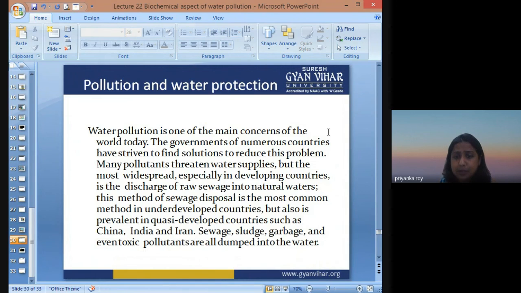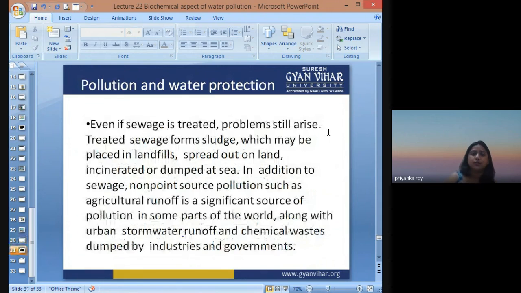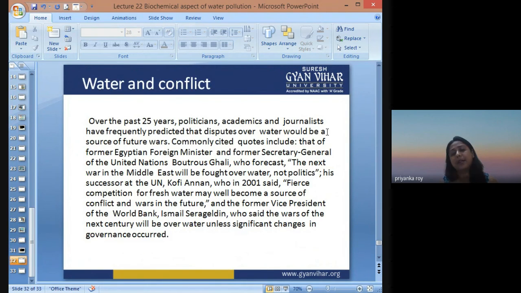In countries such as China, India, and Iran, sewage, sludge, garbage, and even toxic pollutants are all dumped into the water. So we have to be very concerned. Even if the sewage is treated, the problem will still arise if the sewage sludge is placed in landfills, as it will penetrate into the groundwater and contaminate it.